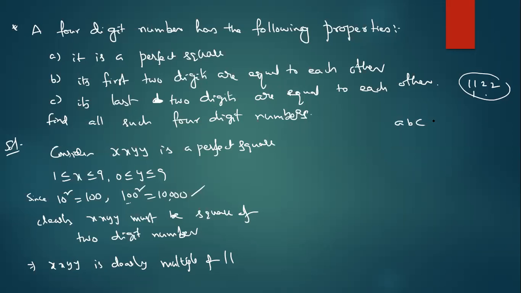Suppose any number a, b, c, d. Take b plus d and a plus c. The difference of these two sums has to be either 0 or a multiple of 11. If you get that, the number is always a multiple of 11 only.